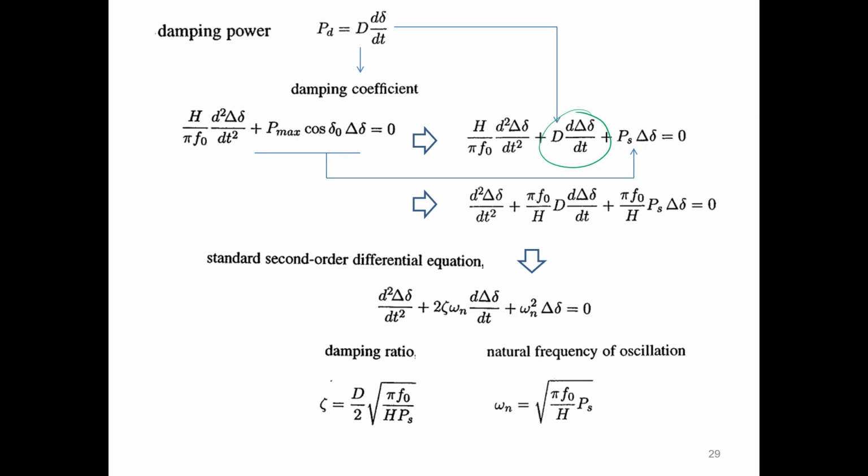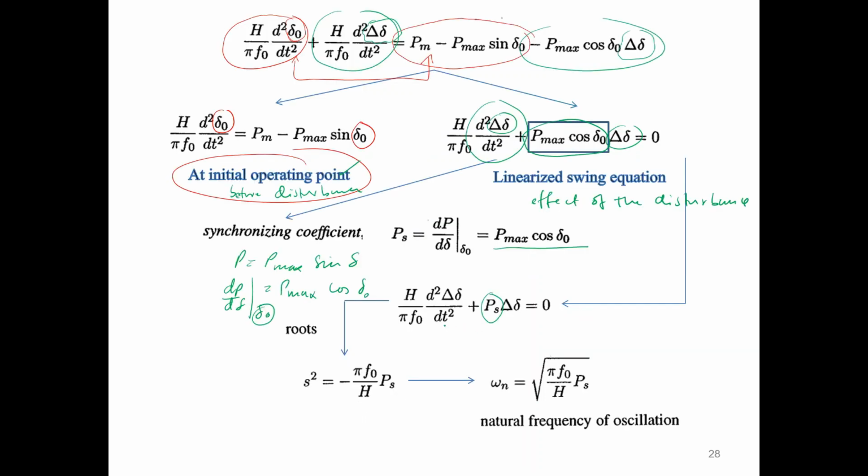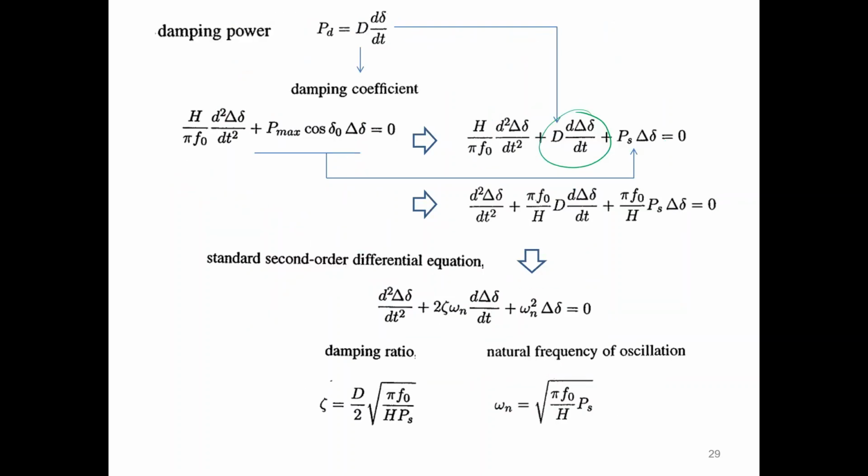If you have just this equation, this system will be undamped, so we put the damping power term into the equation. So we have to deal with this damping ratio and the natural frequency.